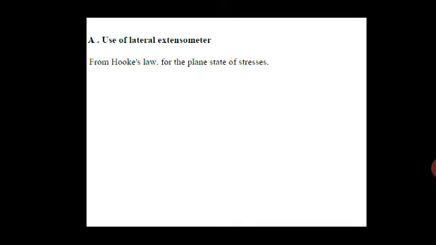Here the lateral extensometer depends upon Hooke's law.